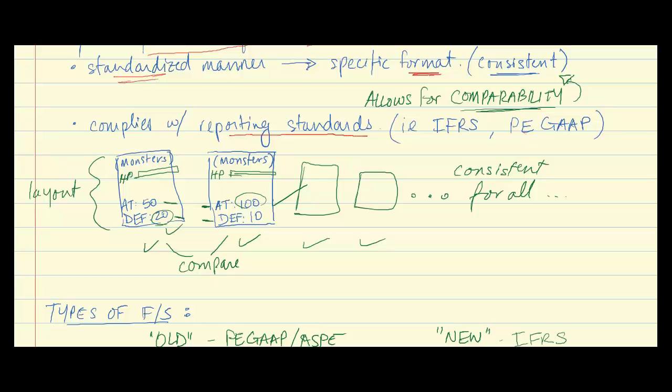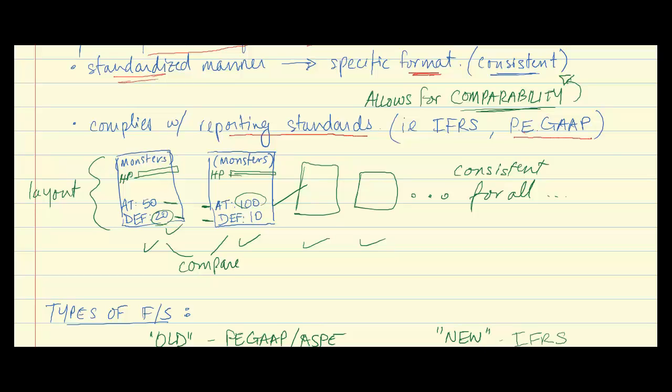Now these are just the main two that we're looking at. If you haven't paid attention to the financial accounting news recently, things have changed quite a bit in the financial accounting world. We have traditionally relied on something called private enterprise GAAP.